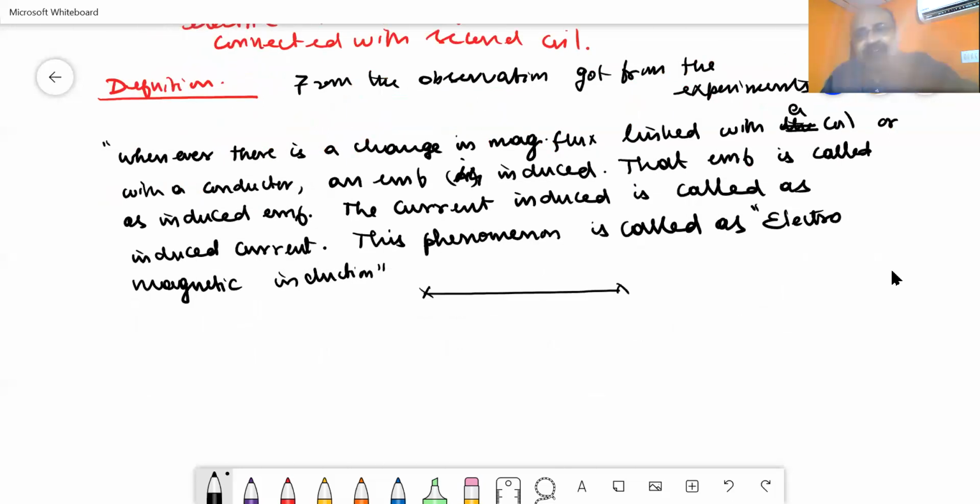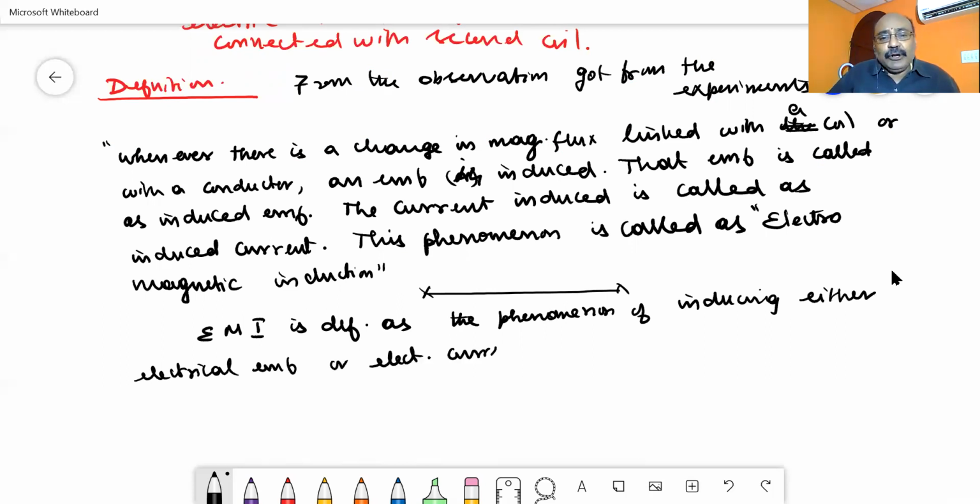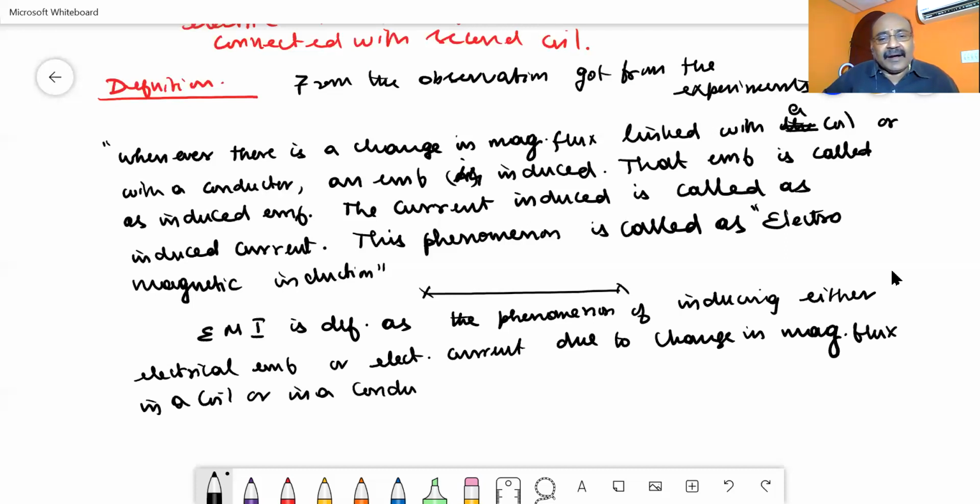If you want, you can also define it in the reverse way. Electromagnetic induction is defined as the phenomenon of inducing either electrical EMF or electrical current due to change in magnetic flux in a coil or in a conductor.